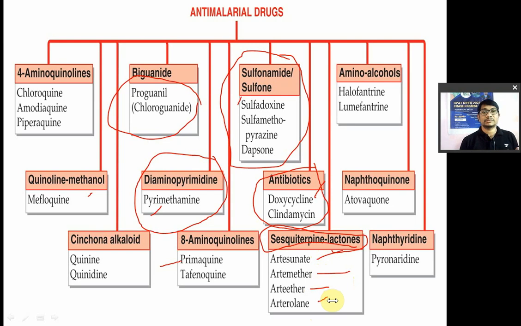Artemisinin is a sesquiterpene obtained from Artemisia annua, which is a Chinese herb. Now you can remember this as arte. All sesquiterpene lactones are nothing but arte: artesunate, artemisinin, artemether, arterolane.